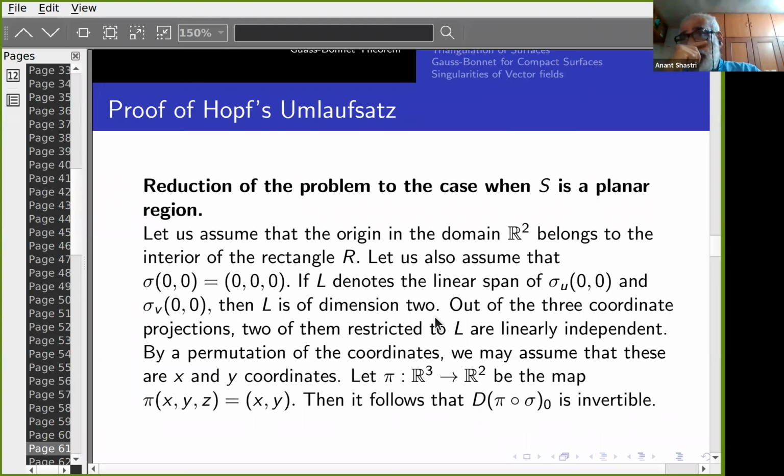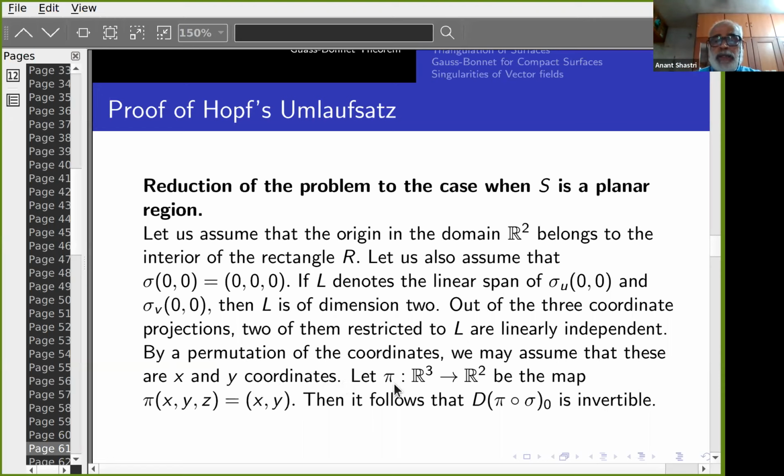More generally, if you have a k-dimensional subspace of Rn, k of the projections must be independent. Which k of them, I don't know. So you can take x and y coordinates, or x and z, or y and z. Whichever two of them are independent, choose those and call them the x and y coordinates, just by renaming the coordinates.